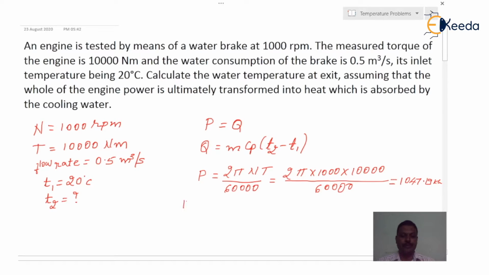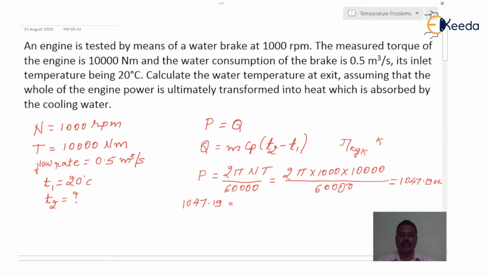1047.19 equal to, here it has to be converted into kg per second, as here Cp is kilojoules per kg Kelvin, and temperature is in Kelvin.